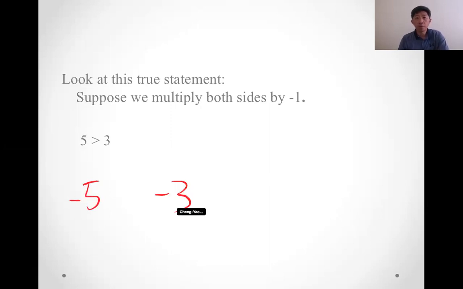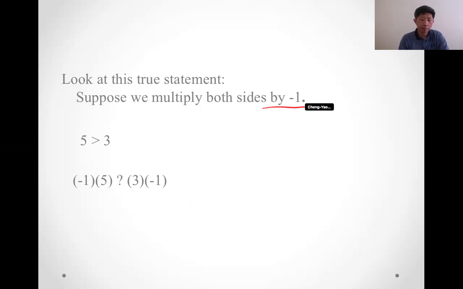Now what about the symbol? We have to switch, we have to flip it. So if I multiply by -1, this is -5, this is -3. Which one is greater? Now -3 is greater than -5, right?